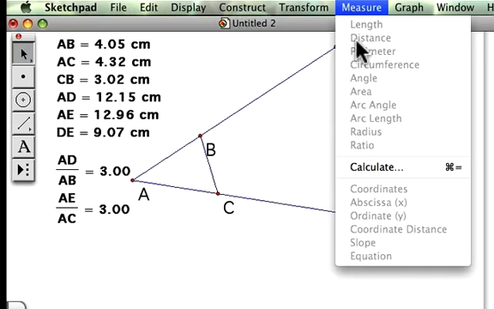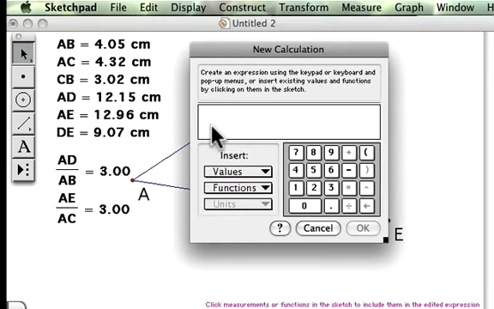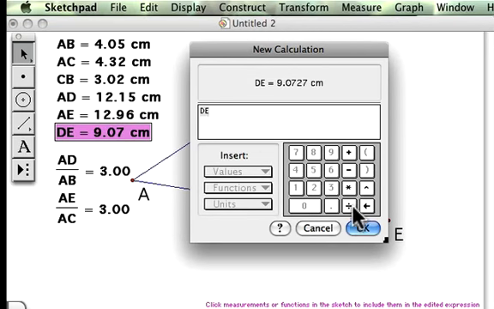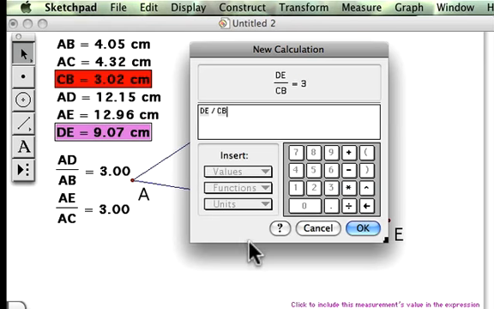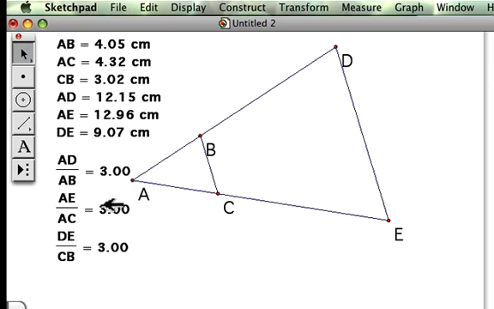And the last thing we're going to do is click on DE and divide it by its corresponding side in the smaller triangle, which is CB or BC. And again, you'll note that the ratio of the corresponding sides in every case is equal to 3.